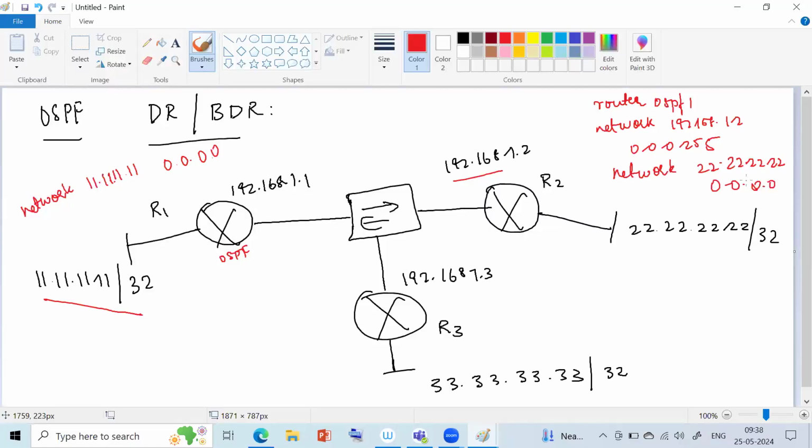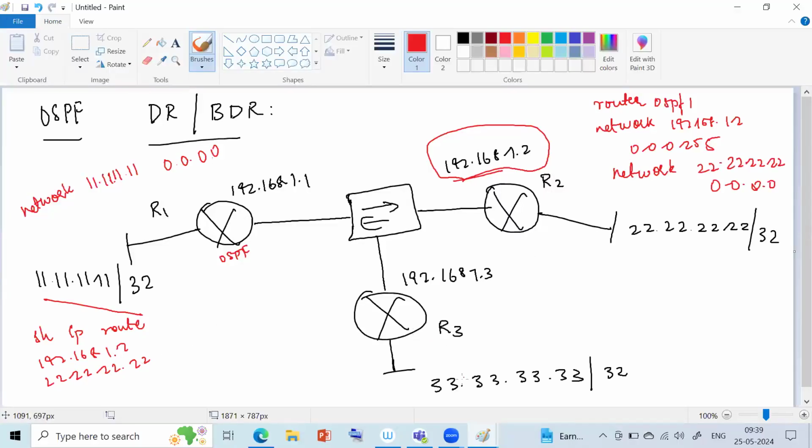Now, when they have exchanged each other's loopbacks and you do a show IP route on R1, you will be able to see 192.168.1.2, who is my neighbor, and I am able to see his 22.22.22.22 network because he has given a network command on it, right?